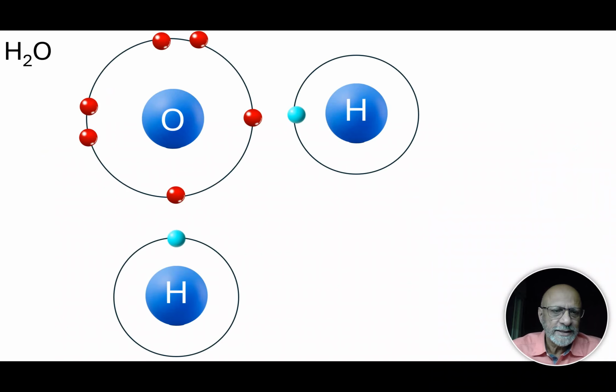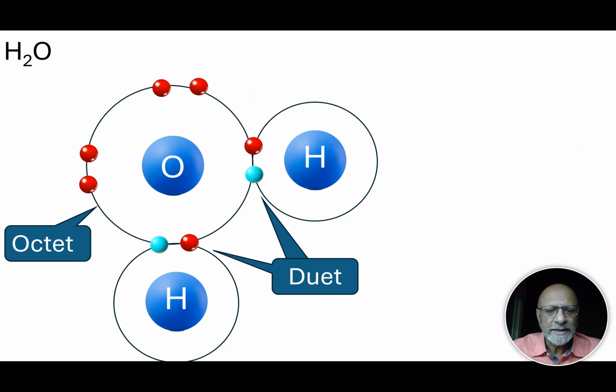So let's see that you have an oxygen atom with 6 electrons and hydrogen atoms with 1 electron each. So the hydrogen electron will be shared with the oxygen, that's 1, and the other one is shared with the other hydrogen atom. So both of them have reached duet, and oxygen has reached octet. This is the structure of H2O.